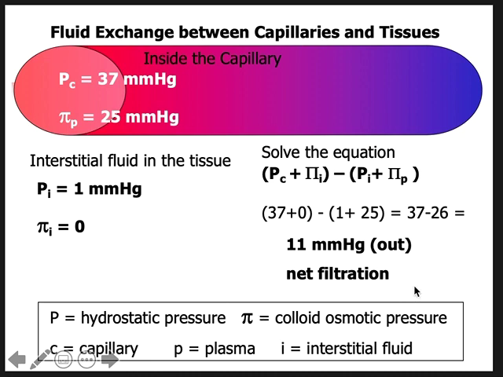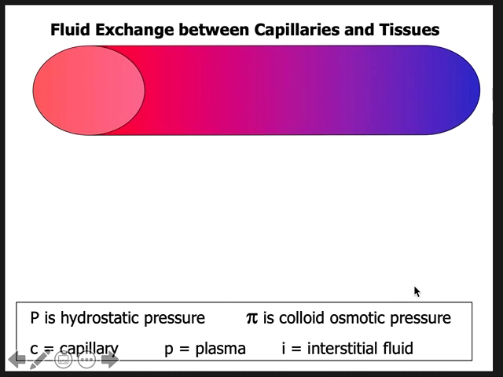Okay, next, fluid exchange at the venular end. Okay, so you have your hydrostatic pressure of the blood in the capillary pushing against the capillary wall now is only 17. That makes sense. You just had fluid leave, right? Fluids leaving and leaving.